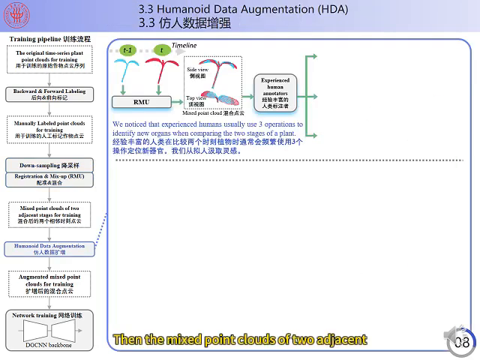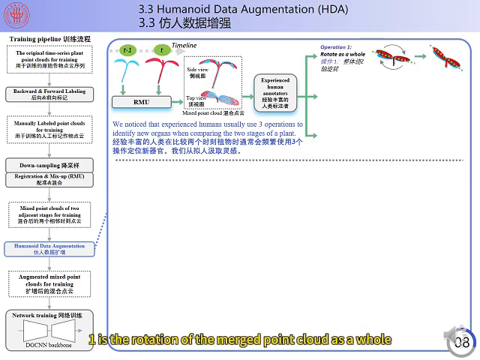Then the mixed point clouds of two adjacent stages are fed into the Humanoid Data Augmentation, HDA for short, for training data augmentation. We have noticed that experienced humans usually subconsciously use three operations to better identify new organs when comparing the two adjacent times of a plant.